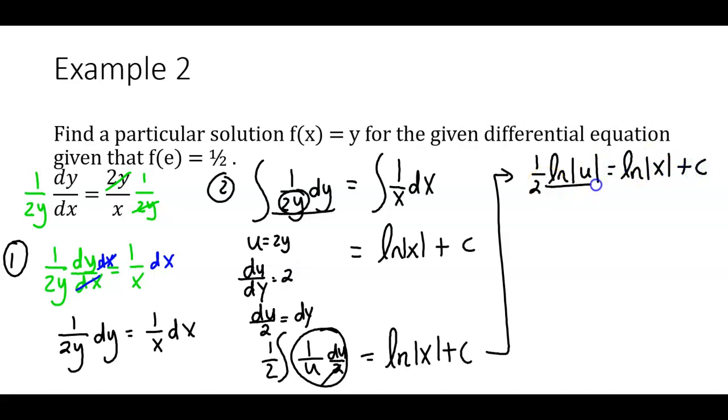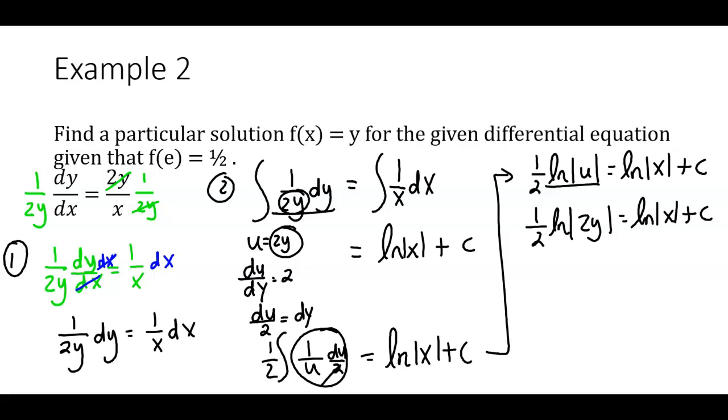I'm still not done here, though, because we still need to replace the u with what we know u to be. u is equal to 2y. So I'm going to put that back in there, like so. All right, so there's my general solution, but the y is not by itself, but that's okay. We don't need to worry about that. So that's the end of step 2, which is integration.